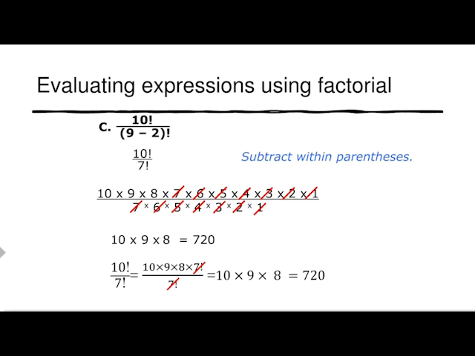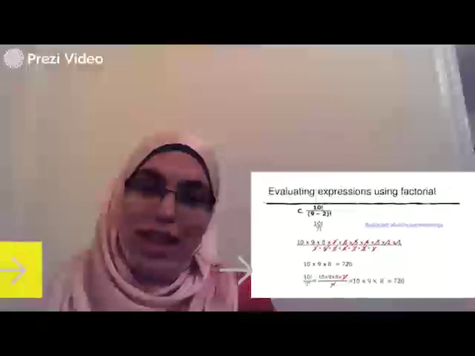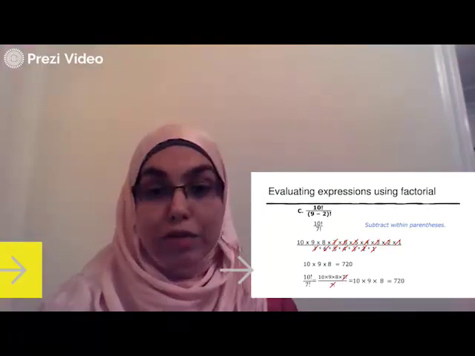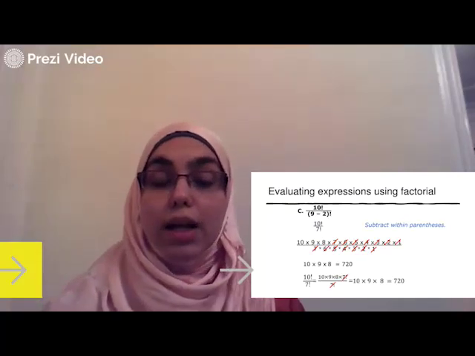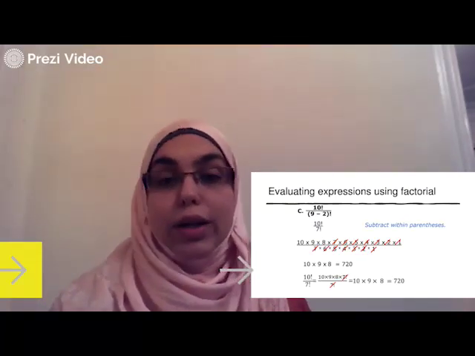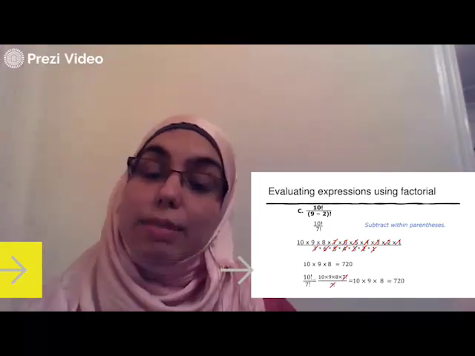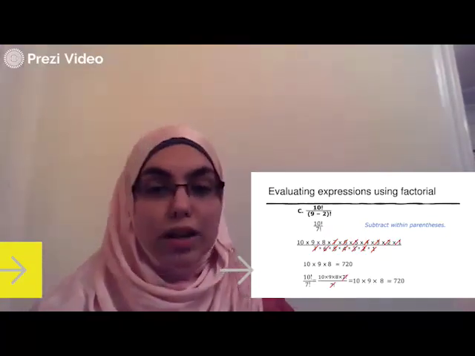Then I will simplify to get 10 times 9 times 8, which is 720. Can I use the property we just had? Yes. If I have 10 factorial, then I will stop at 7 factorial. 10 times 9 times 8 times 7 factorial. Then I will simplify the 7 factorial to get 10 times 9 times 8, which is 720.